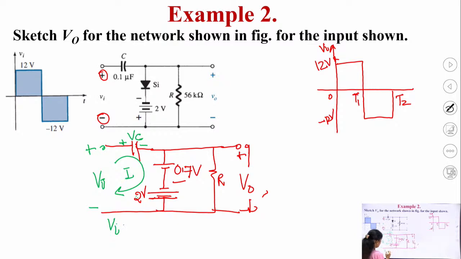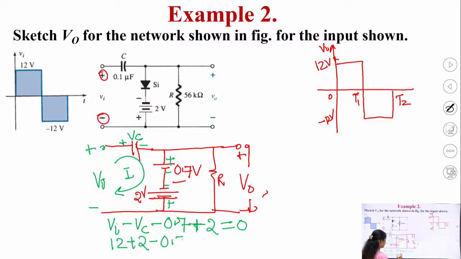So, Vi minus Vc, plus minus minus and plus, so minus 0.7 plus 2 volts is equal to 0. And Vi is 12 volt. So, keeping this value here, 12 plus 2 minus 0.7 is equal to Vc. So, how much does Vc come out?